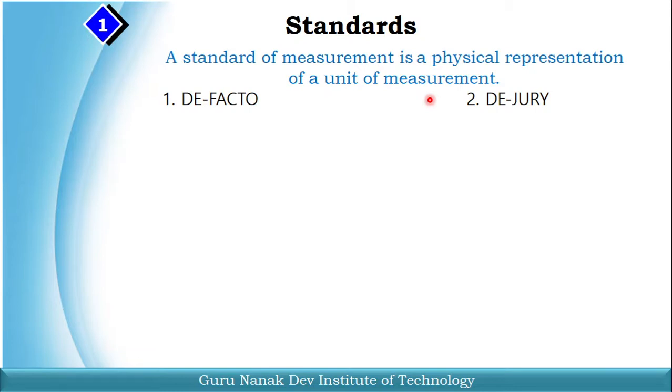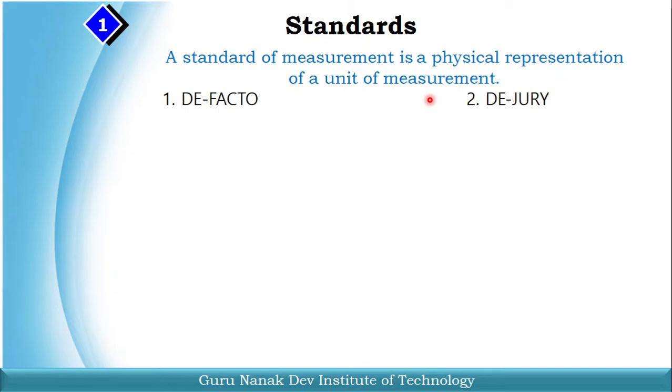But in case of de jure, a set of people will sit and decide what the standard should be. For example, in an award show, the jury members sit and decide who will come first, who will come second, and likewise. So there are two types, de facto and de jure.